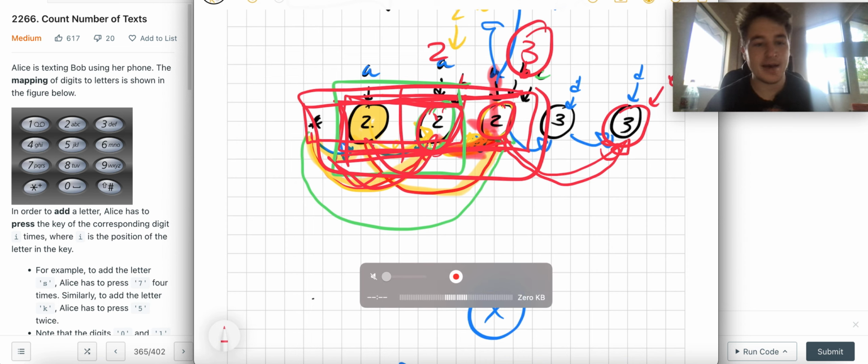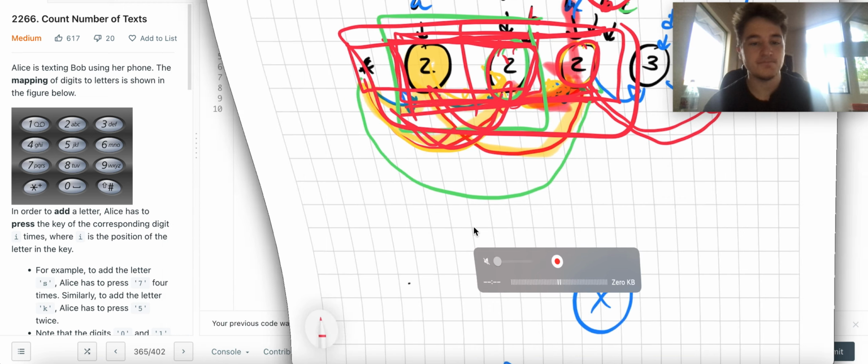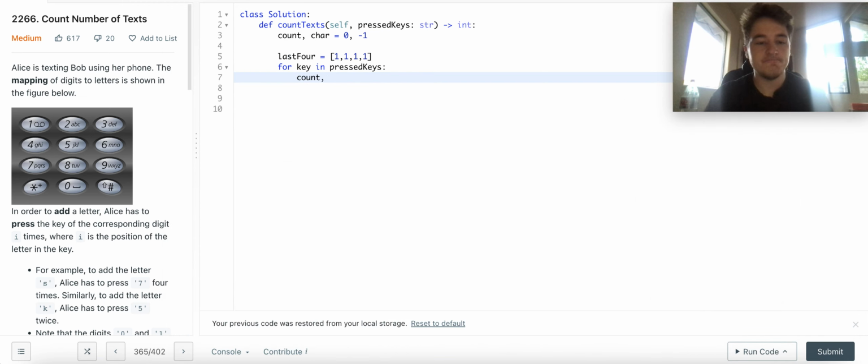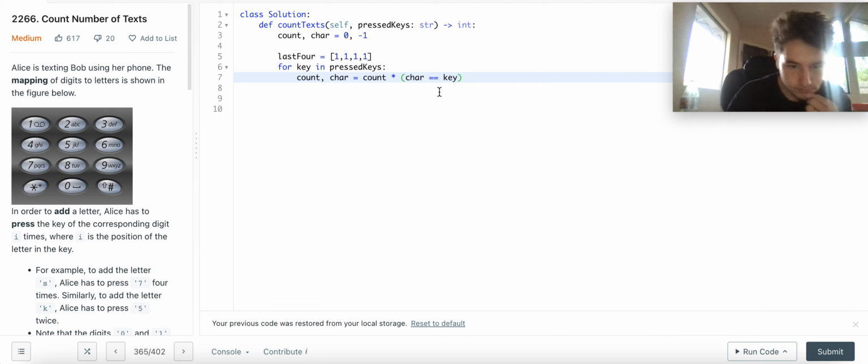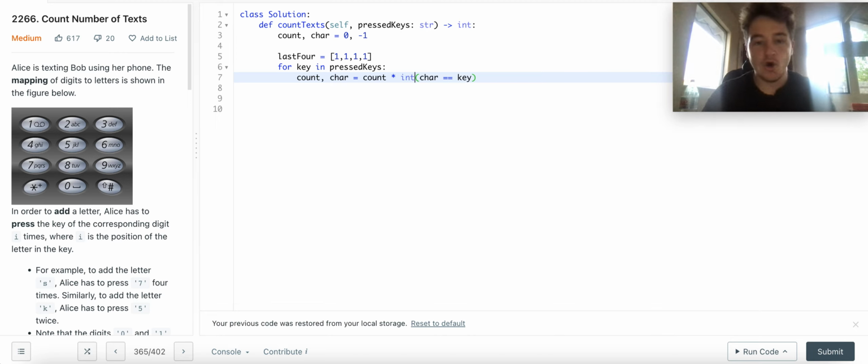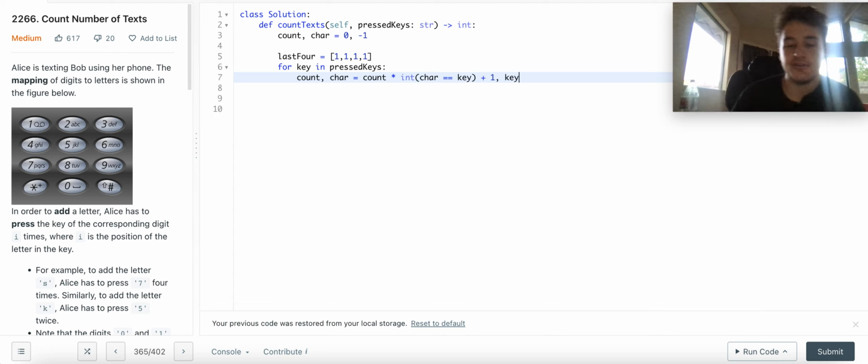So keep a count of how many times you've seen previous things. So count and char. Count is going to equal itself times, if char equals key. Char is the character that you're looking at right now. If it equals the key, then you'll hold on to your previous count, but you always have at least a count of 1, and then char will be equal to key for the next time you run this.